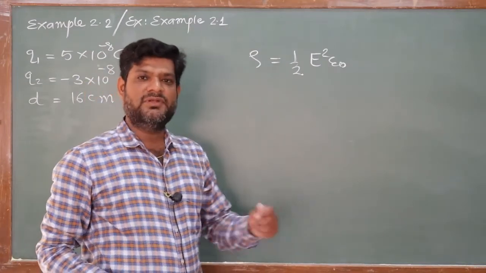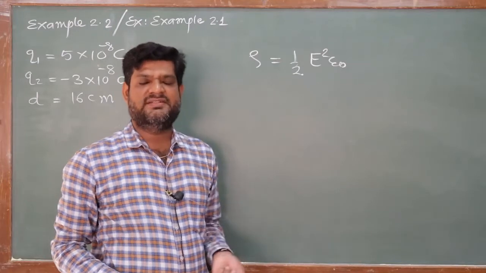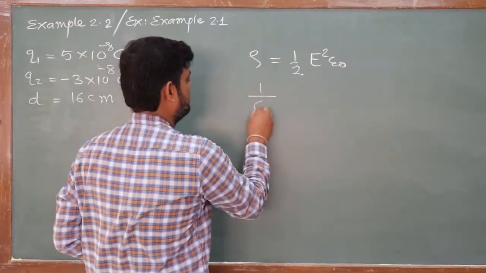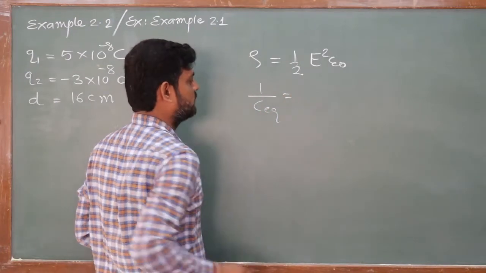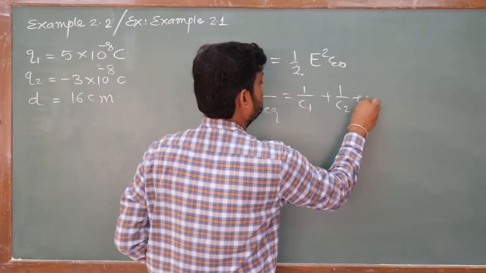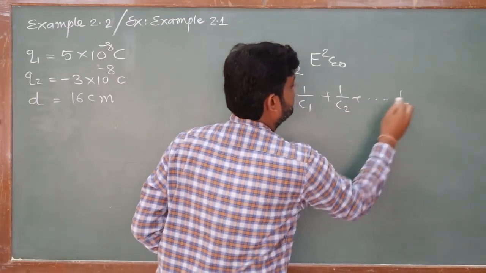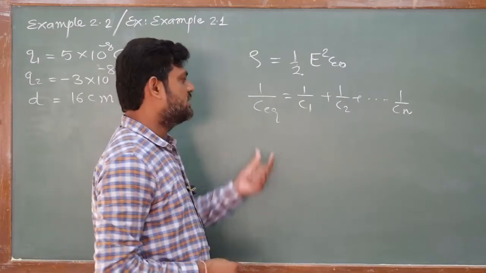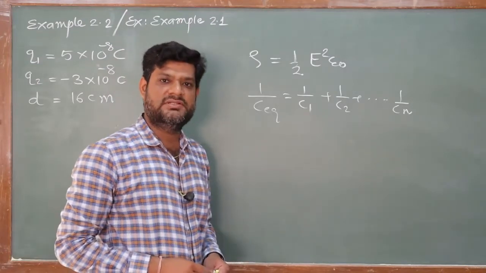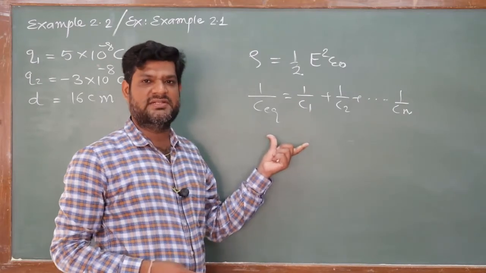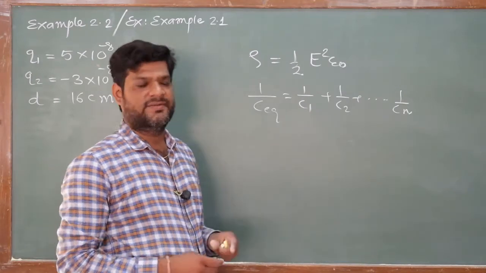In that, if two capacitors or more than two capacitors are connected in series, we obtain the equation 1 by C equivalent equal to 1 by C1 plus 1 by C2 plus up to 1 by Cn. This is the equation of equivalent capacitance for a number of capacitors connected in series, right?